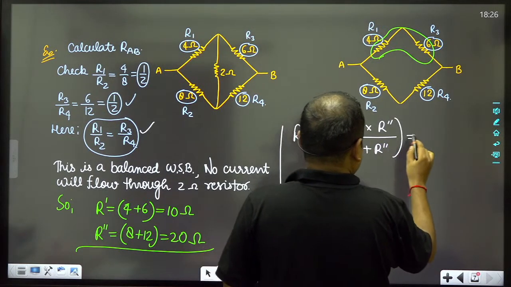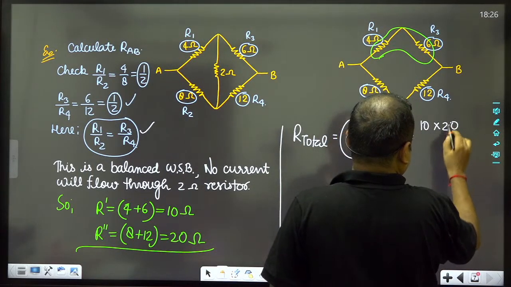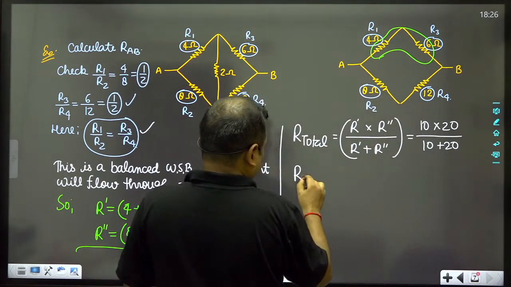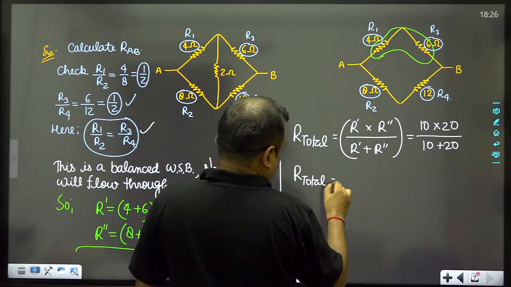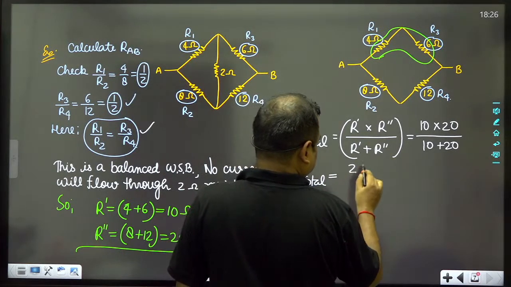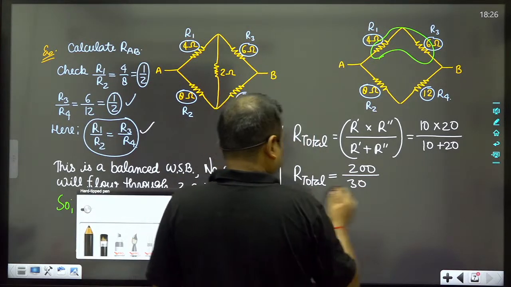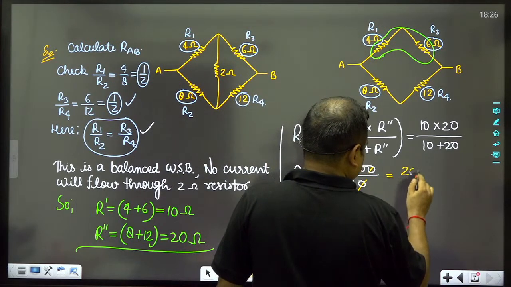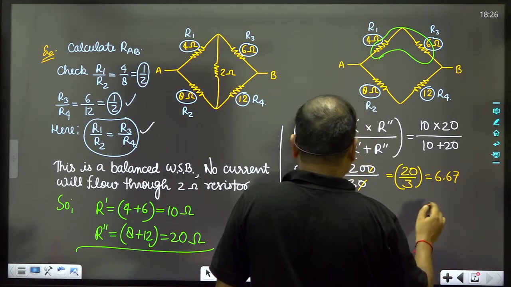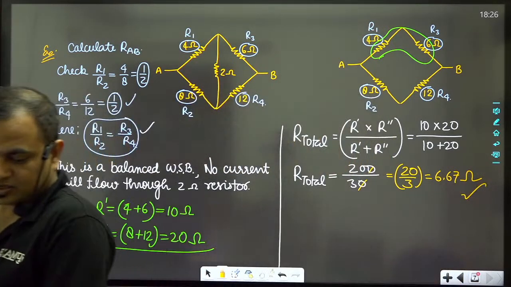So this will be 10 multiplied by 20 upon 10 plus 20, which is 200 upon 30, equal to 20 by 3, that is 6.67 ohms.